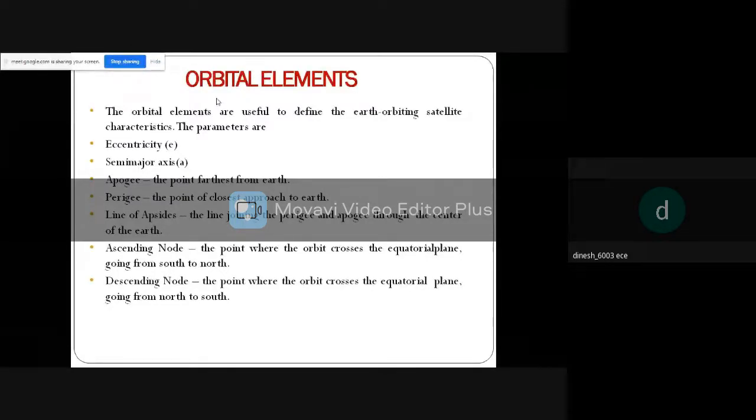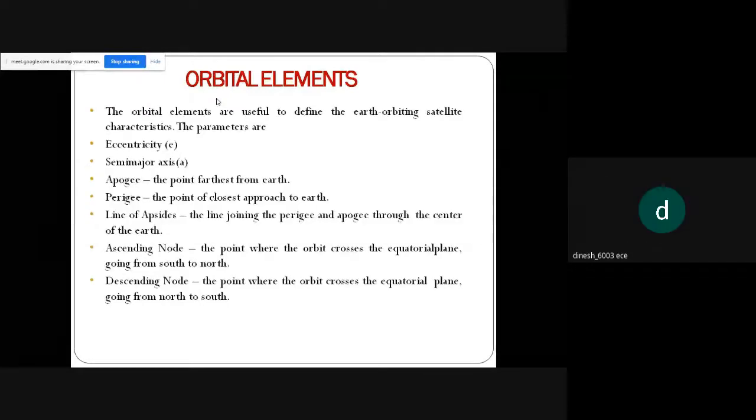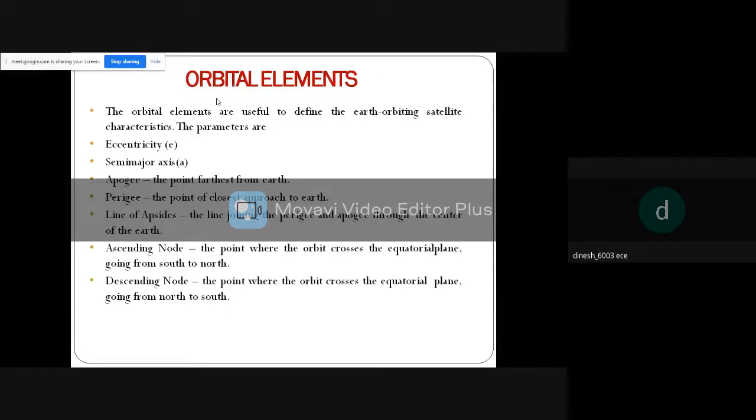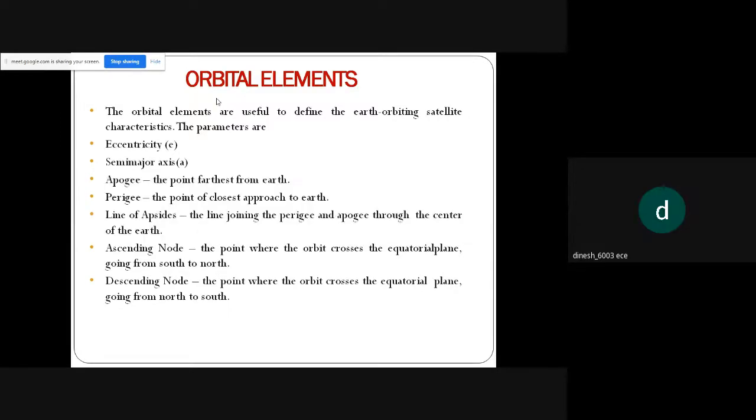From the south pole of the Earth's surface, we move towards the north pole of the Earth's surface. In that case, the orbit crosses the equatorial plane, and that point where it crosses is the ascending node. In a similar fashion, the point where the orbit crosses the equatorial plane going from north to south, we call it the descending node.